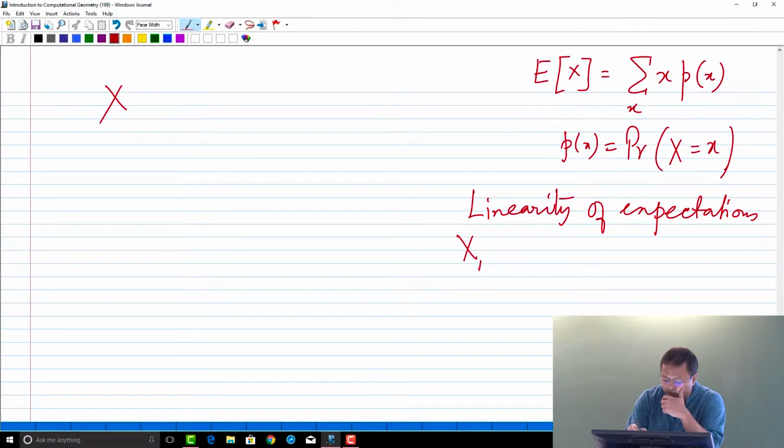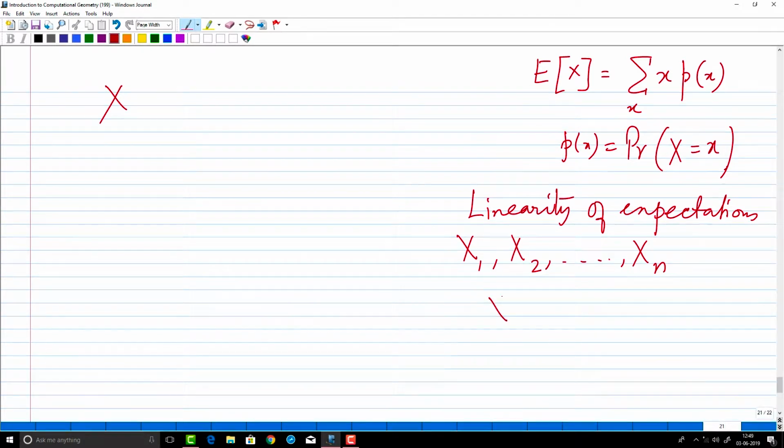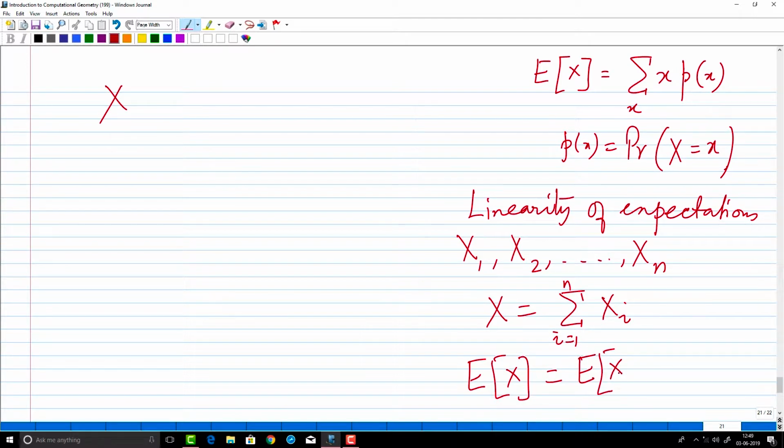If you have a bunch of random variables, a finite number of them, I really do not care about their dependence or independence. And if I have a random variable defined as a sum of them, then the expectation of X is nothing but the sum of their individual expectations, right.